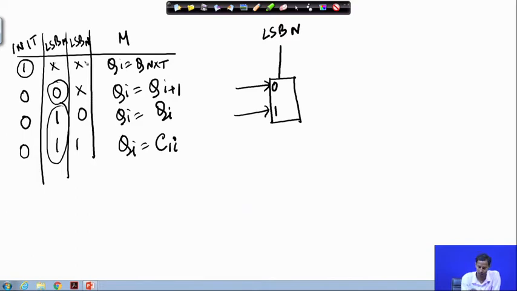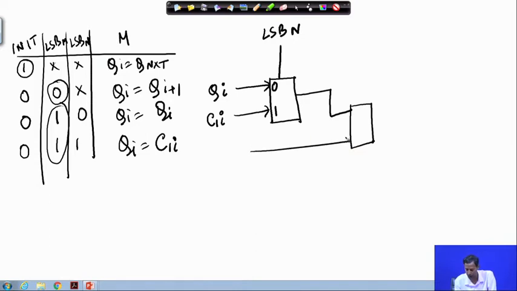So, for LSB n equals to 0, what happens? This is q i and this is c1 I. Then this will come to another multiplexer where the other input is q i plus 1, and this will depend on the LSB of m.